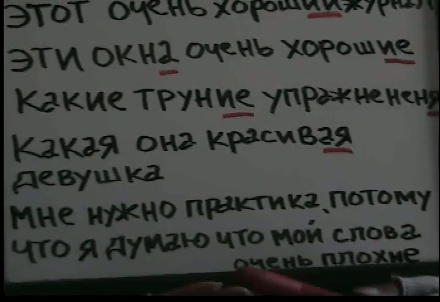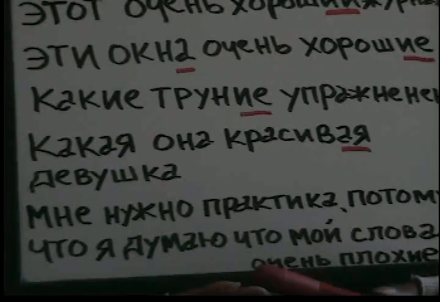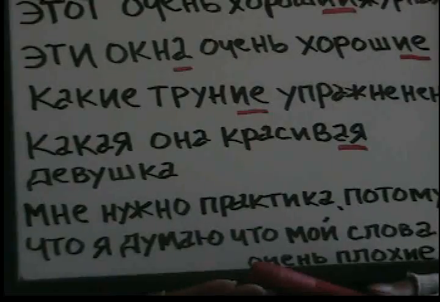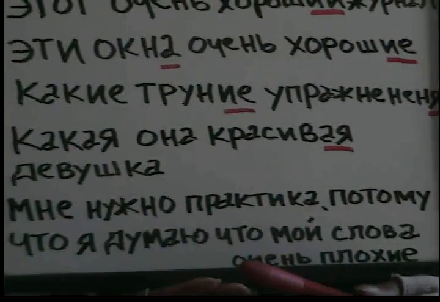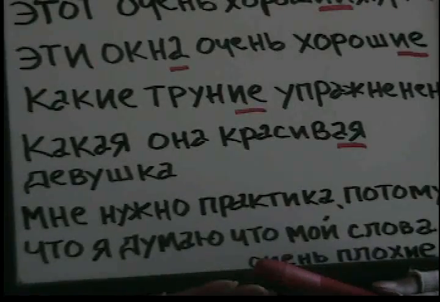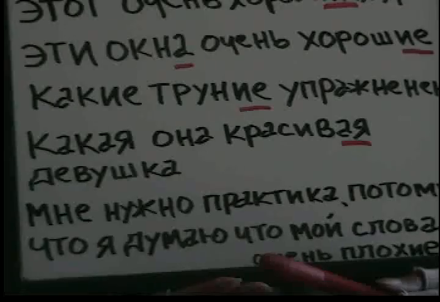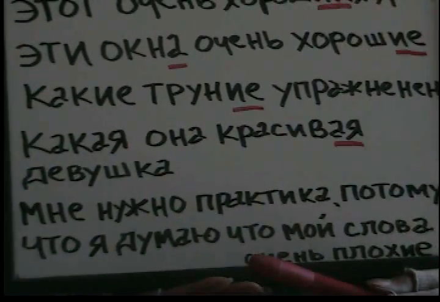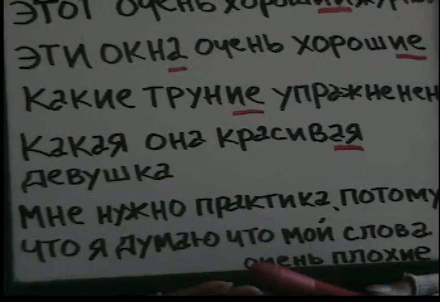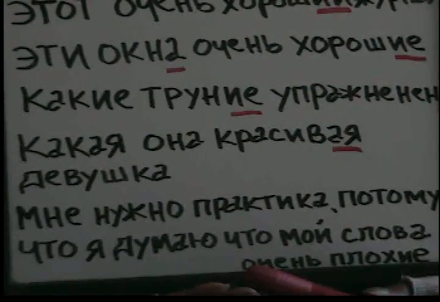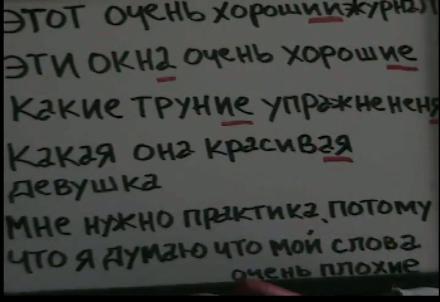So kakaya, there's that exclamation again. As you can see before, it ended with ie because we were talking about a plural. Now we're talking about one person, a female. So kakaya, we add aya for the feminine, and then ona is the personal pronoun for her, she, and then krasivaya, that's beautiful.